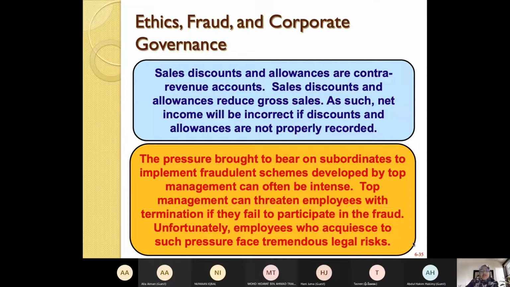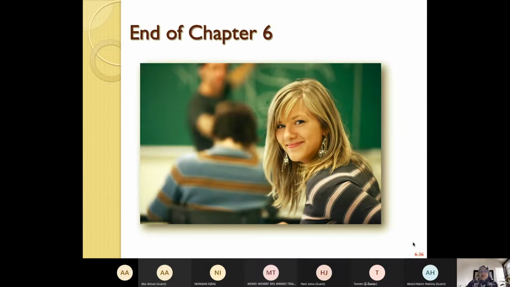But this is wrong. It involves ethics, but sometimes employees are pressured by top management. These are the dilemmas that we normally come across, and we must not tolerate this kind of ethical issue. So that covers your chapter 6.